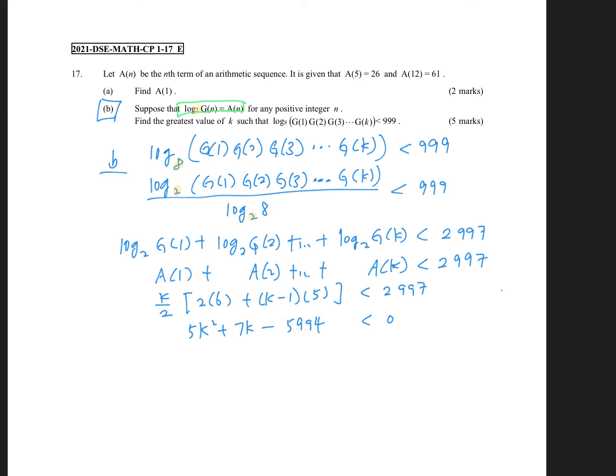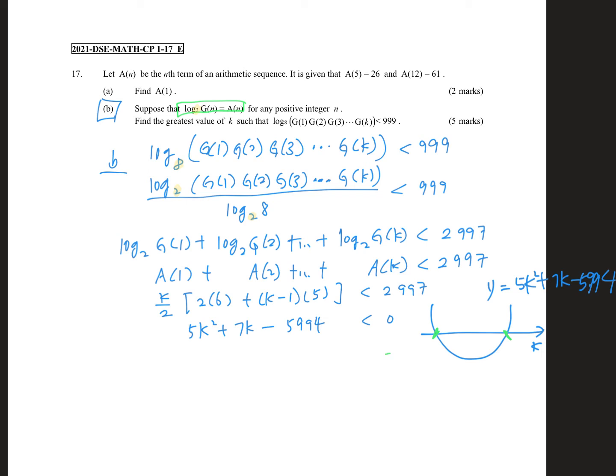Okay, maybe we zoom a little bit. The corresponding parabola opens upwards, because the coefficient of k squared is 5, which is positive, so y equals 5k squared plus 7k minus 5,994. The two roots, by the calculator, are quite ugly, so they must be irrational.